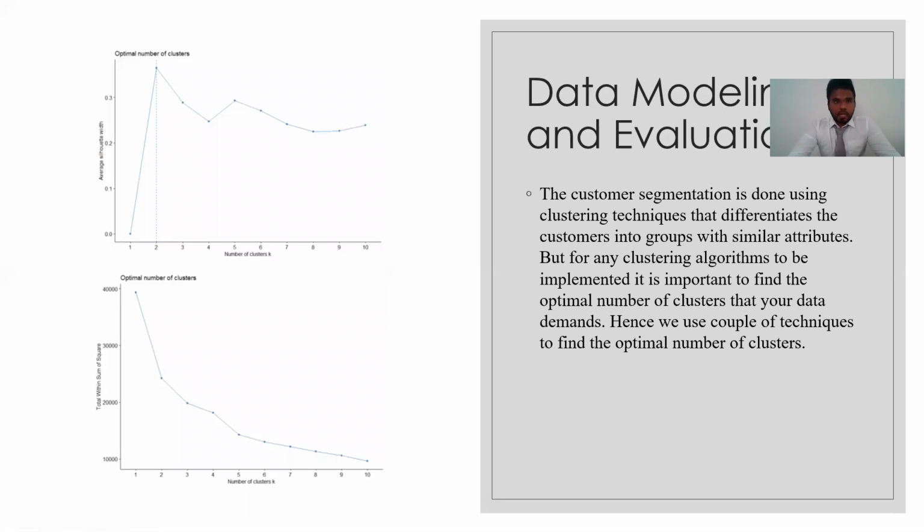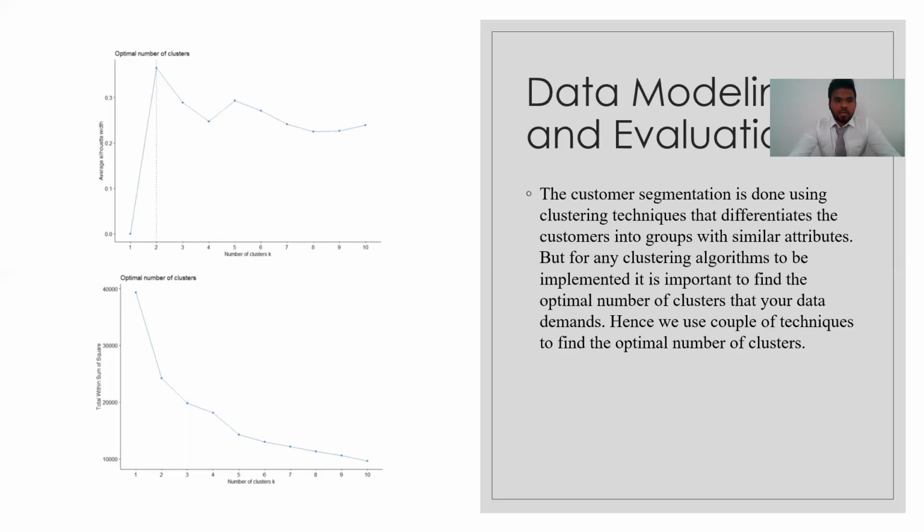Next comes the data modeling part. With data related to segmenting your customers, I feel clustering techniques would be the right option here. But before arriving at the clustering, it is important to identify your optimal number of clusters.